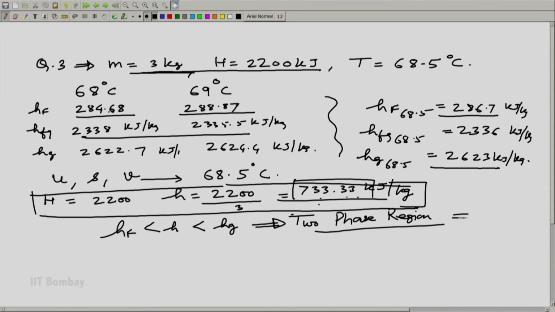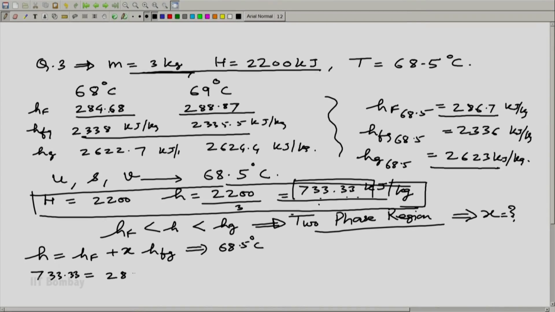That means we have to find out what X is. I can get the value of X as H is equal to HF plus X times HFG, and this has to be done at 68.5 degrees centigrade. So 733.33 is equal to 286.775 plus X times HFG, which is what we have evaluated at 68.5, that is 2336.775, and from here I see that X is equal to 0.1911.